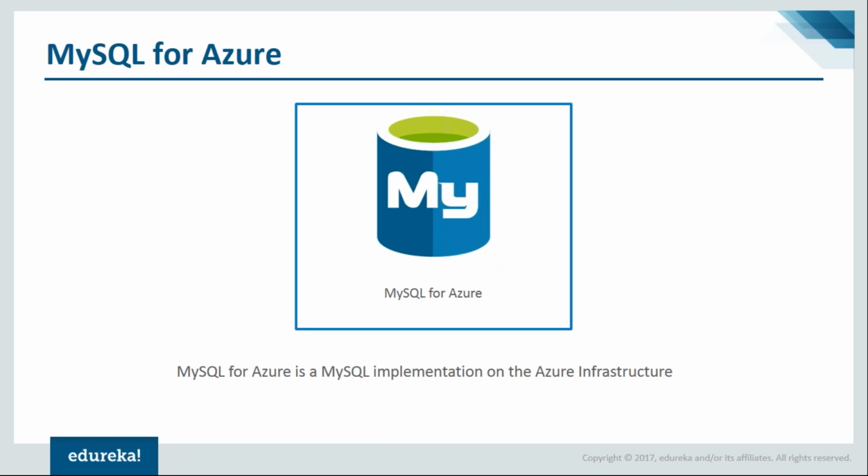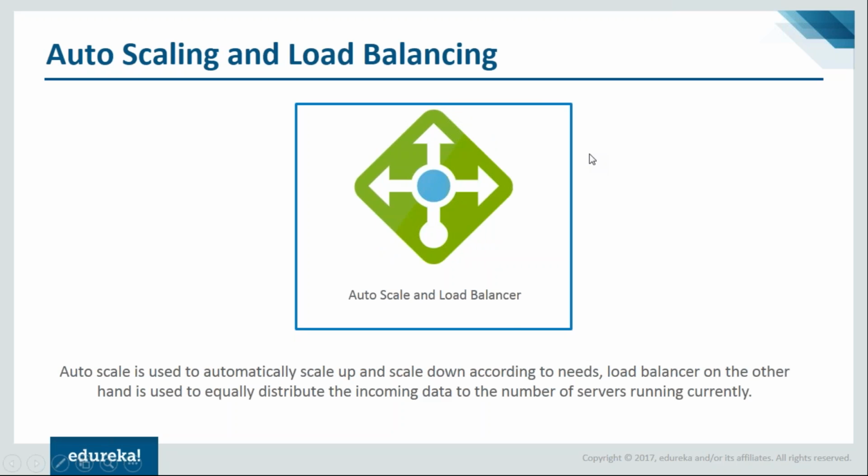The next service that we are going to talk about is auto scaling and load balancing. Like I said, load balancing is when you want to equally distribute your traffic among the number of servers that are running at that time, and auto scaling is scaling up the number of servers that you're using according to the traffic that is coming onto your website. So you can set a metric.